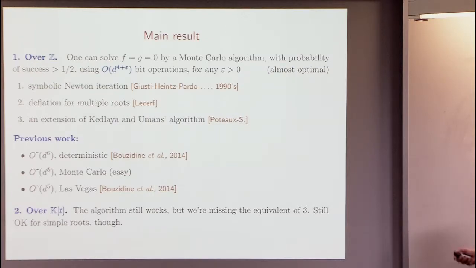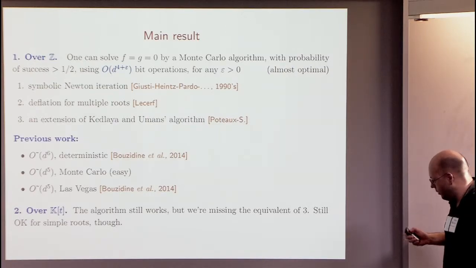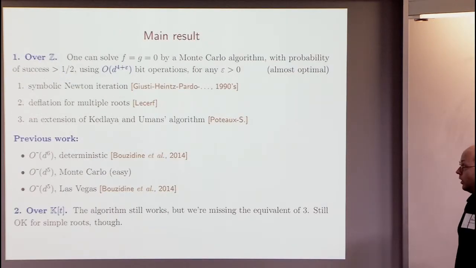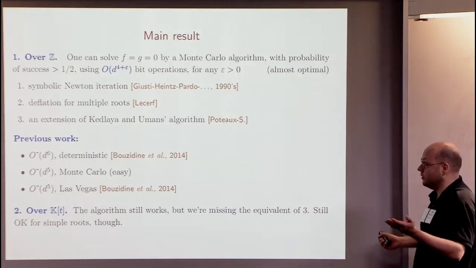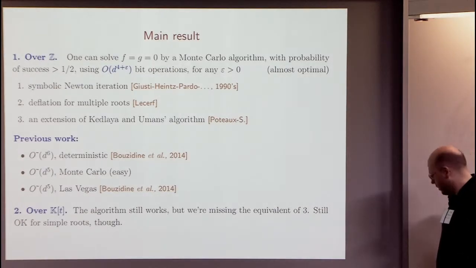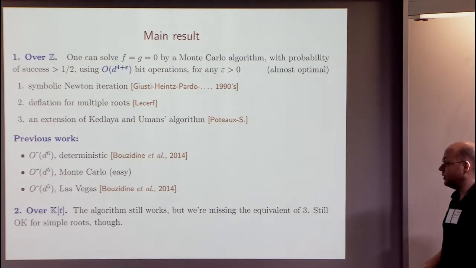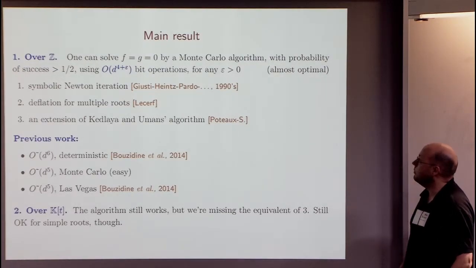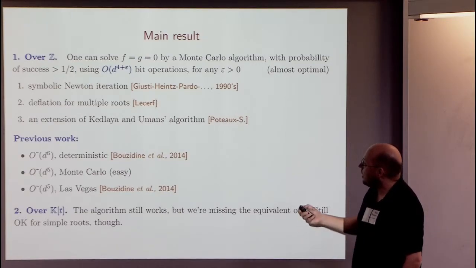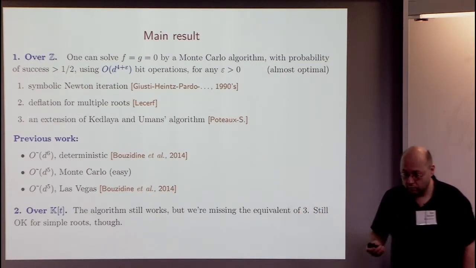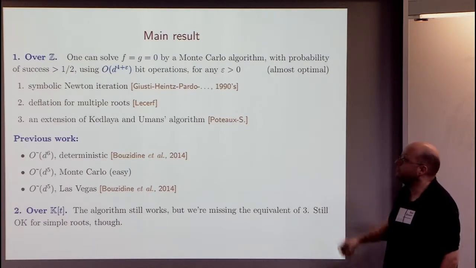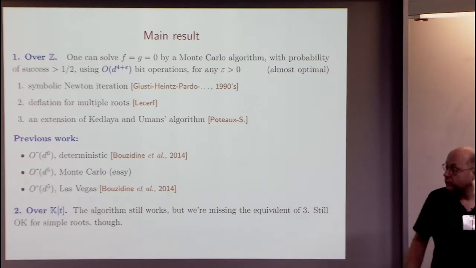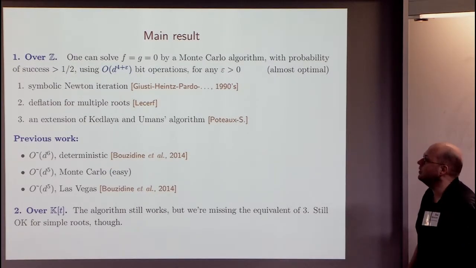So in the Boolean case first, I'm going to use a Monte Carlo algorithm. I would love to give deterministic results with the same cost, but I don't know how to do that. So I'm going to use a Monte Carlo algorithm. We'll see in the next slide. Already I'm going to start choosing stuff at random. I can obtain a running time optimal up to a d to the epsilon by using techniques that have been around for a while, but not combined in that way yet.